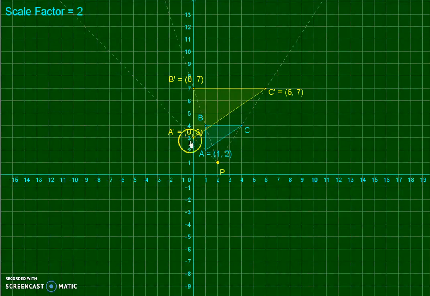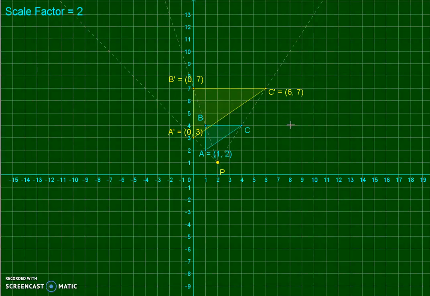And so we see we have (0, 3), (0, 7), (6, 7). Notice how all the points fall along lines that go through the center of dilation. So yes, in fact, we were correct. So again, it's not that horribly difficult. You just have to track your work, organize your work properly, and it's not all that hard.